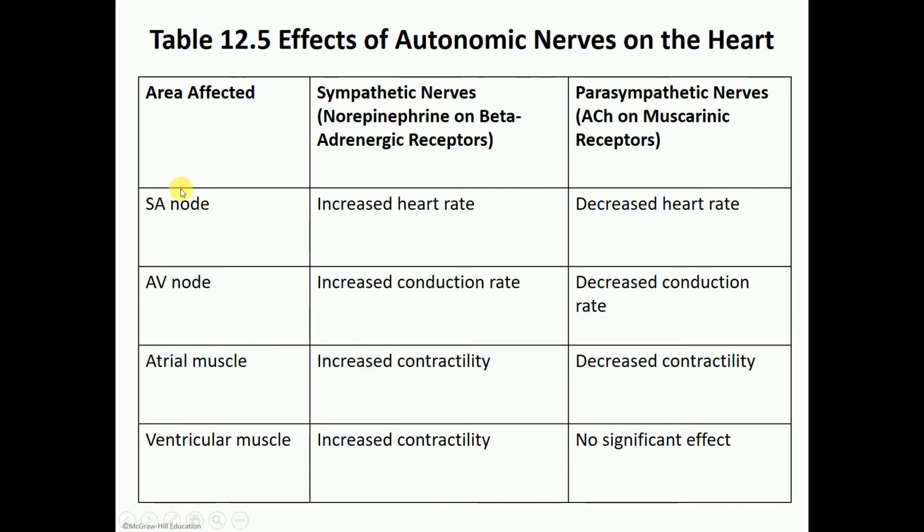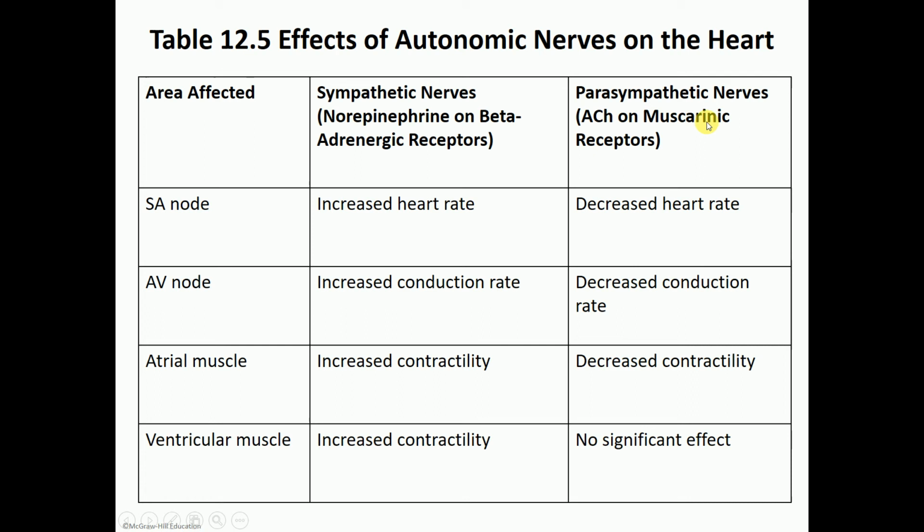The sympathetic system can stimulate the SA node, AV node, atrium, and ventricular muscles, so pretty much everything in the heart, and it will lead to an increase in everything. It'll increase heart rate, stimulate the AV node to increase the conduction rate from the atrium down to the ventricles, and stimulate the atrial and ventricular muscle fibers to increase their contractility, so increasing the force of contraction.